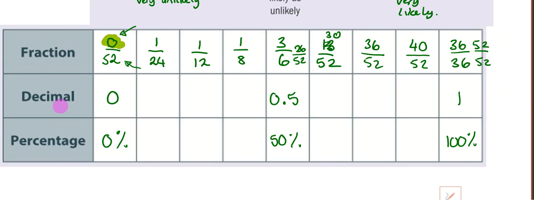So a fraction or a decimal or a percentage are numbers written in a different form. So 0.5 is the decimal equivalent of 3 over 6, or 26 at 52. But we also say these three are different versions of the number.